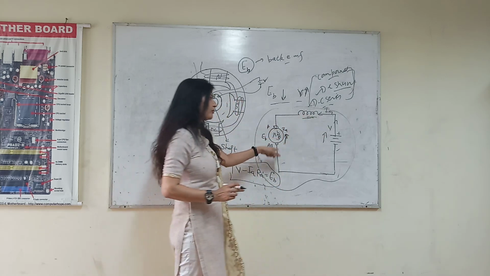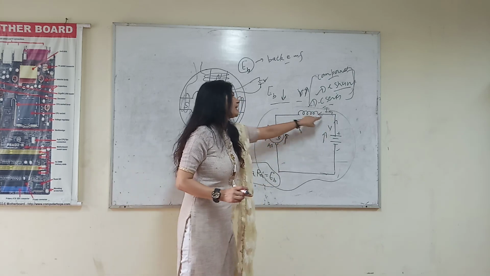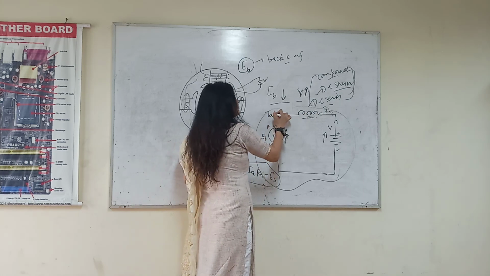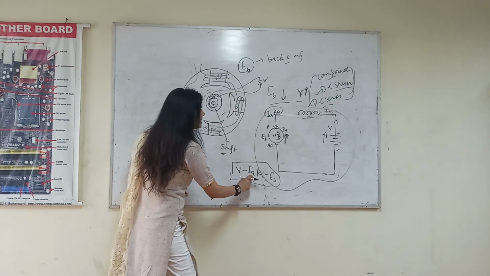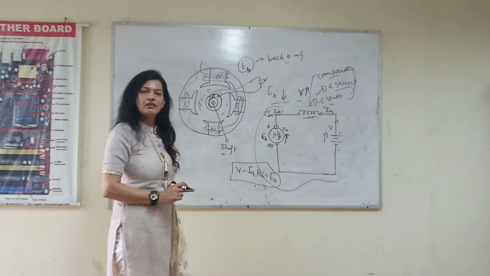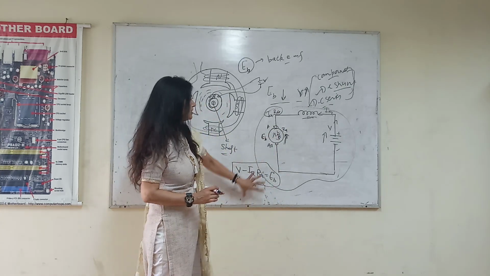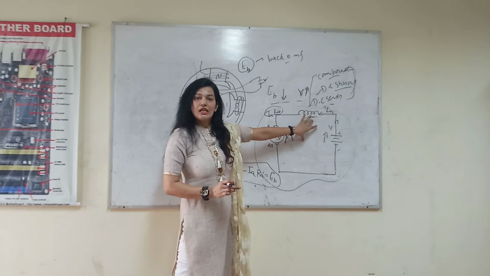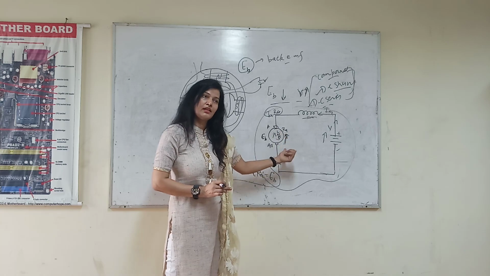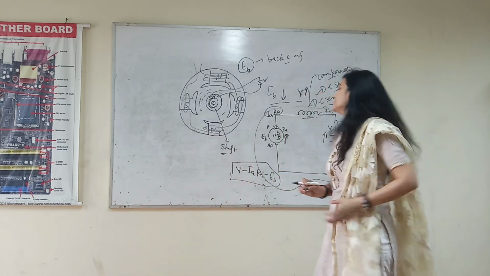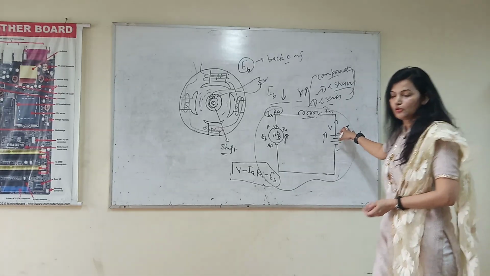There will be a voltage drop, which we have to subtract from V, the IaRa drop inside the machine, and EB will be V minus IaRa is equal to EB. So this is the diagram. This equation is also satisfied according to this diagram, and with these directions we denote the direction of EB and the direction of V. So it is clear that EB will be in opposite direction to that of V.